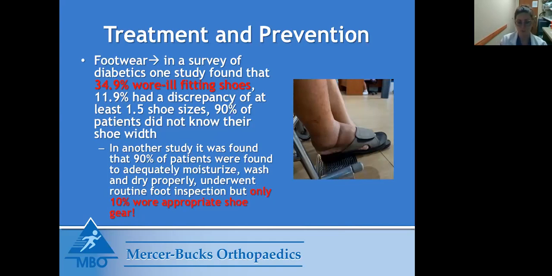So that's pretty significant that 90% of the diabetics in that population weren't wearing proper fitting shoes. And it's so significant because most diabetic ulcers are caused by rubbing in shoe gear or just having too much pressure due to shoes, or could be a lack of shoes, but due to shoes on your feet. So wearing the proper fitting shoes is really a key preventative measure.